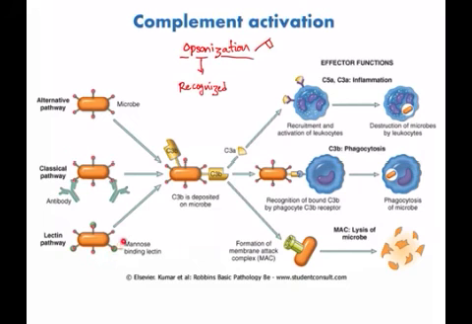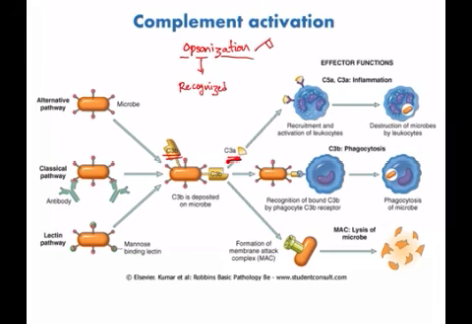So in this manner, once the cell is identified, certain complement proteins such as C3b and C3a will bind onto the cell surface, or they will be deposited on the microbe.